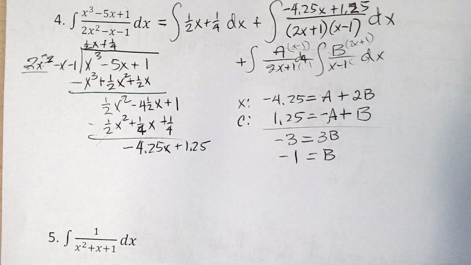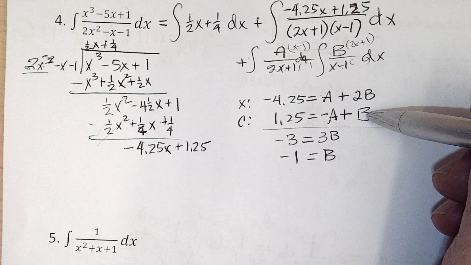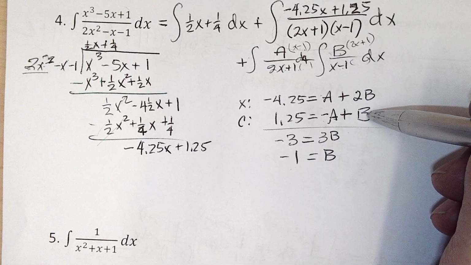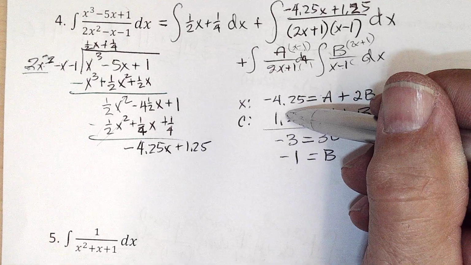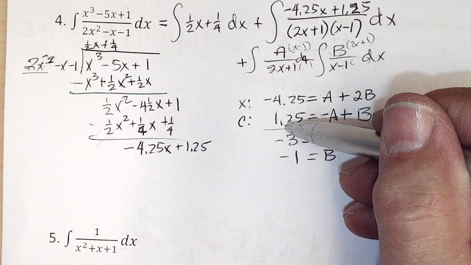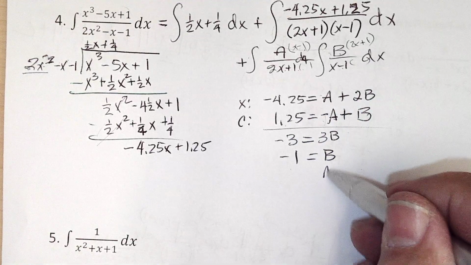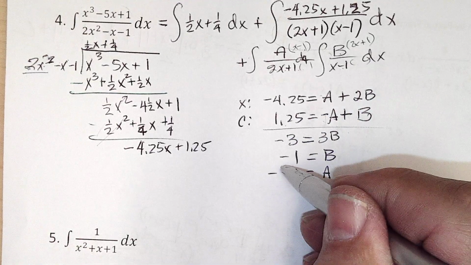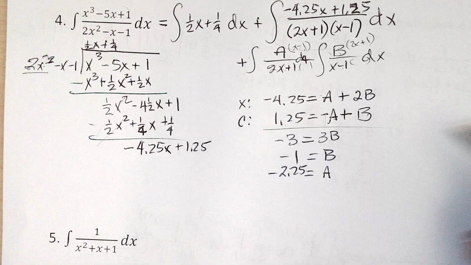And if b is -1, I can add it over here and I get 2.25, divide by the minus, and I get a is equal to -2.25.